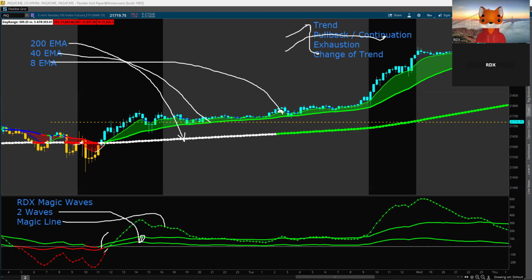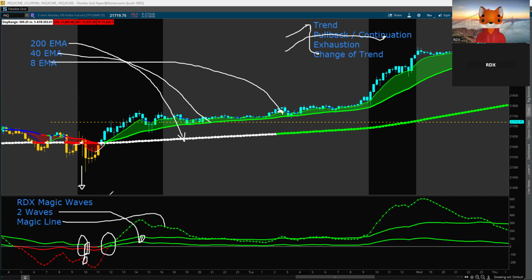As soon as both my waves go green, and along with them my magic line also goes green for the first time, that's a new trend. So you can see there was a small change in trend here. We had both these waves going red, and a magic line going red as well. So that was a bearish trend.